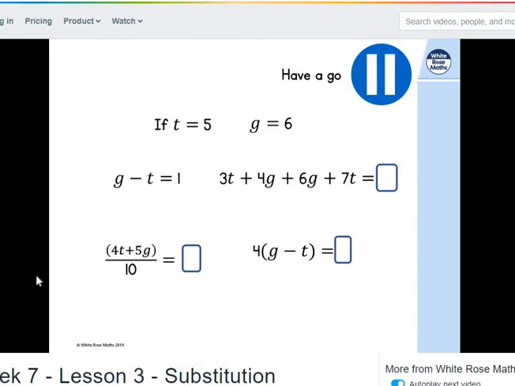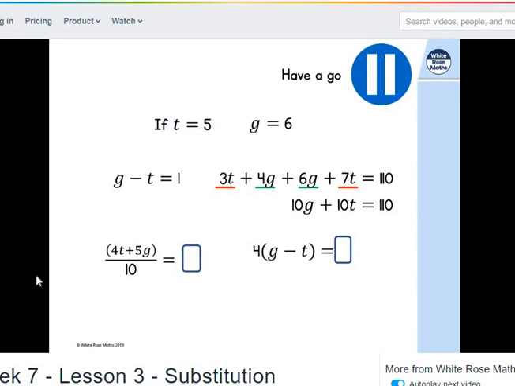The next one. Well, I could go 3T is 15, 4G is 24, or I could have seen that 3T and 7T in total will give me 10 T's, and 4G plus 6G is going to give me another 10 G's. So my sentence is the same as writing 10G plus 10T. 10 G's is 60, 10 T's is 50, so together it would be 110.